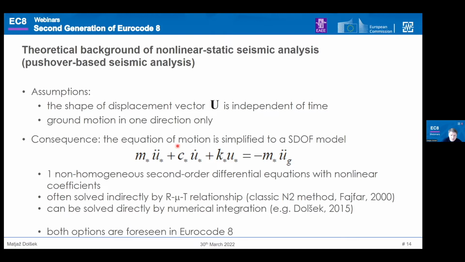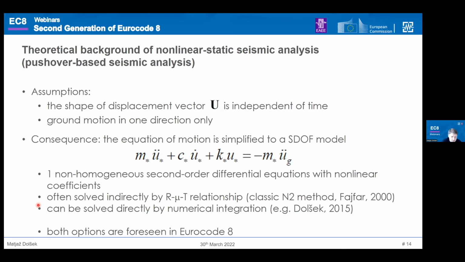And how can this equation be solved? Often it's solved indirectly by the so-called R-mu-T relationship. This is the classic N2 method introduced by Professor Fajfar. It can also be solved directly by numerical integration.